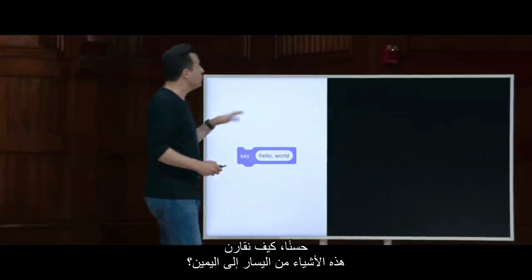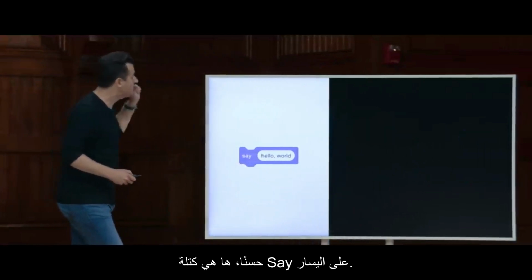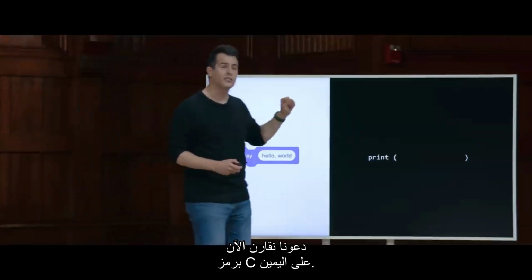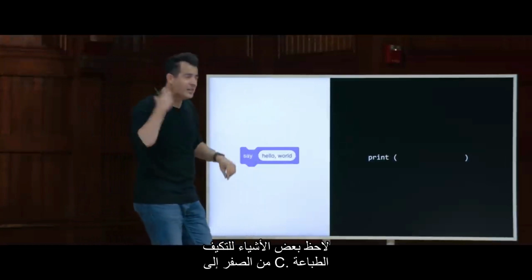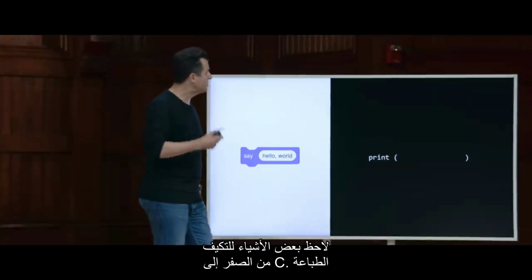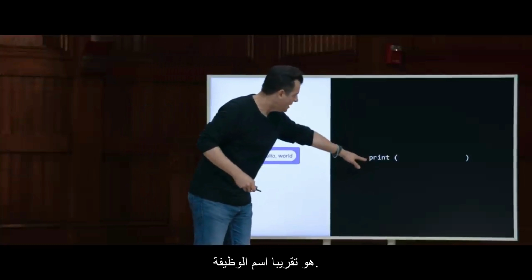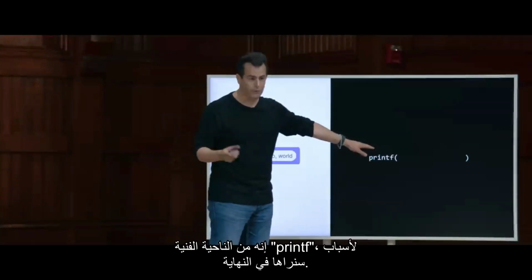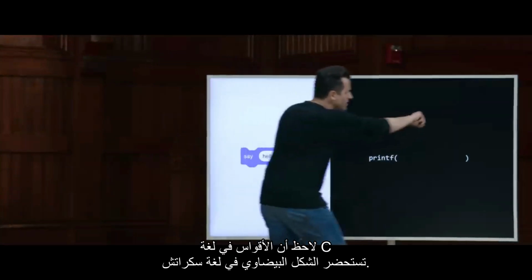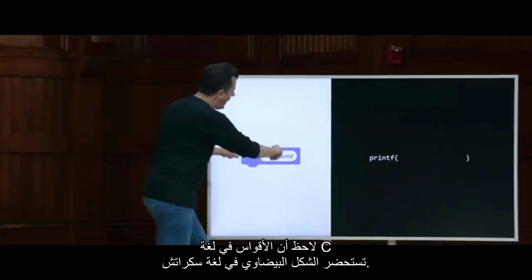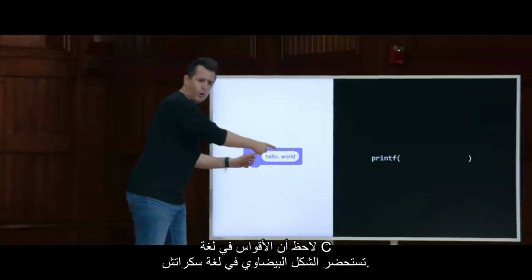Well, how do we compare these things left to right? Well, here's the say block at left. Let's compare now to the C code at right. Notice a couple of things to adapt from Scratch to C. Print is almost the name of the function. It is technically printf, for reasons we'll eventually see. Notice the parentheses in C are kind of evocative of the oval in Scratch.